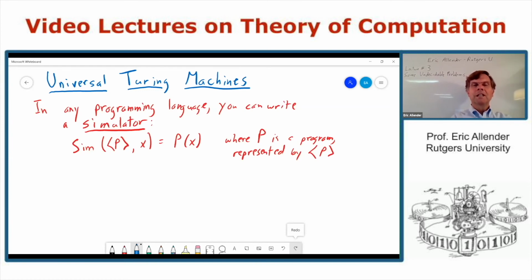But it's a difference that's being highlighted in the notation that way.